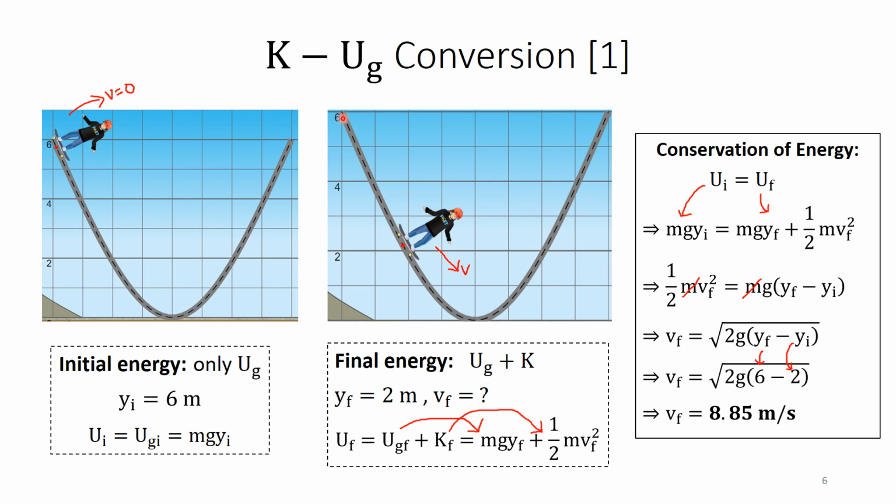If we know the initial state, if we know the final state, and it doesn't matter what the track looks like or how we got from initial to final, we can use conservation of energy and set the initial equal to the final energy. So that gives us an equation that relates the types of energies and the different quantities that they depend on. So that relates the speed and the height and so on. And that gives us a useful tool for finding the speed, for example.